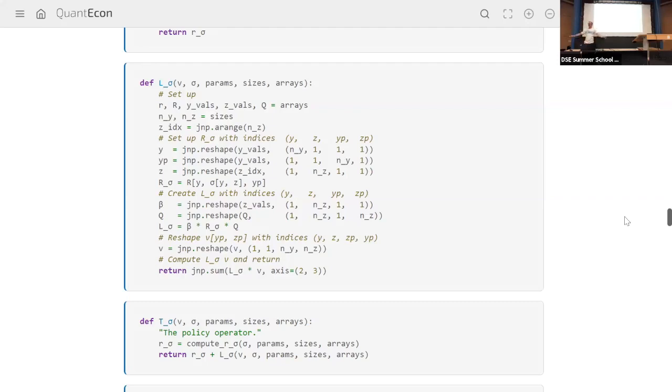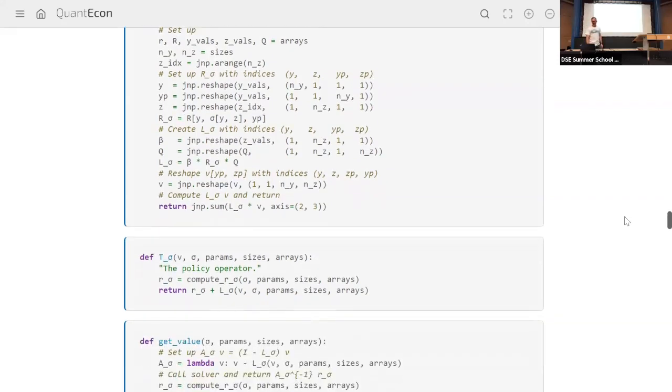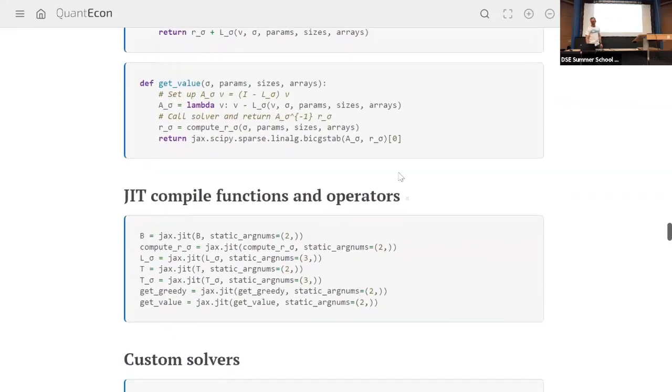I'm never building an n by n matrix. I define this as a function, and then when I call the solver on this, A sub sigma is exactly L sub sigma.